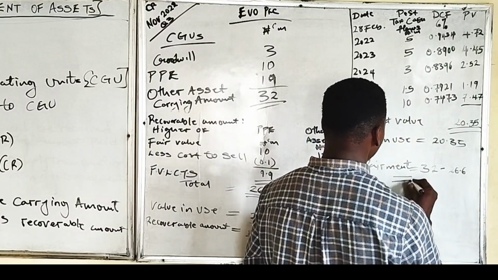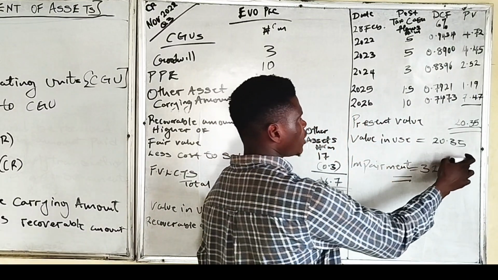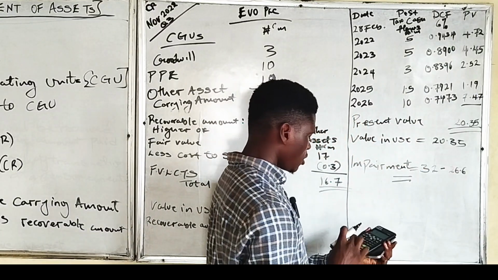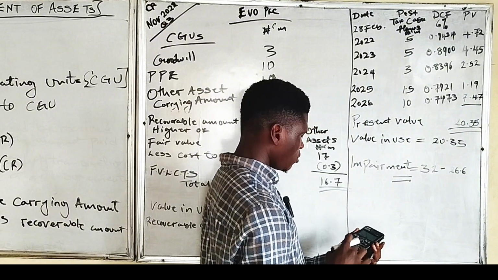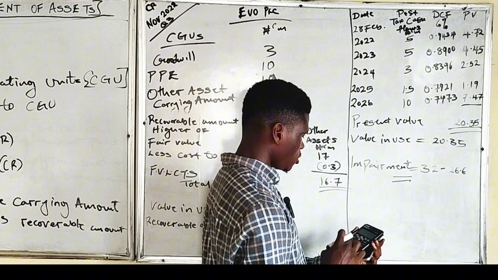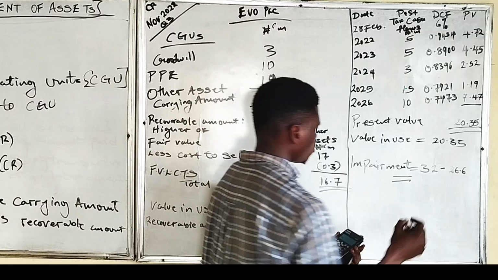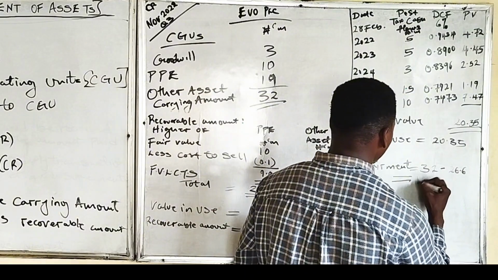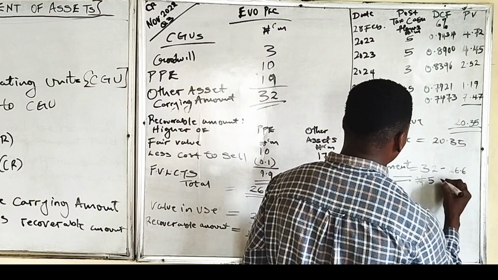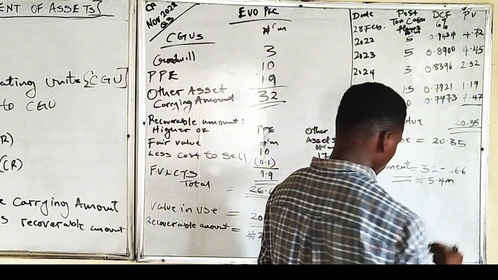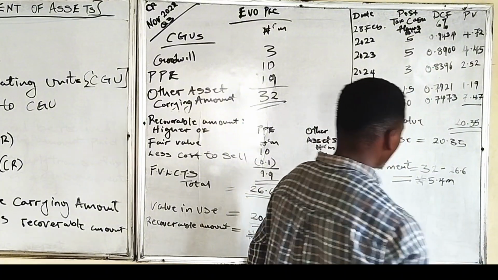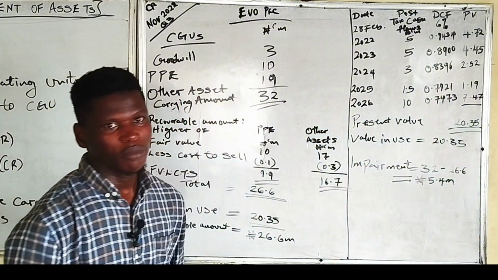So this gives us the impairment. The carrying amount is greater than the recoverable amount, so there is impairment. So 32 minus 26.6. So there's an impairment of 5.4 million.